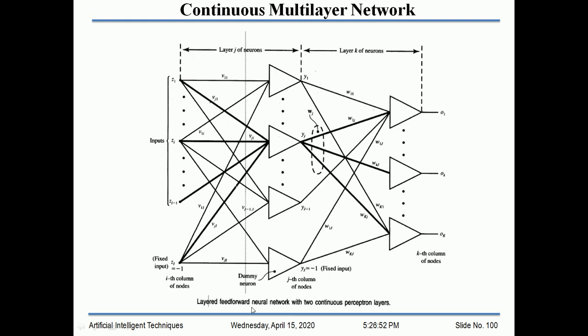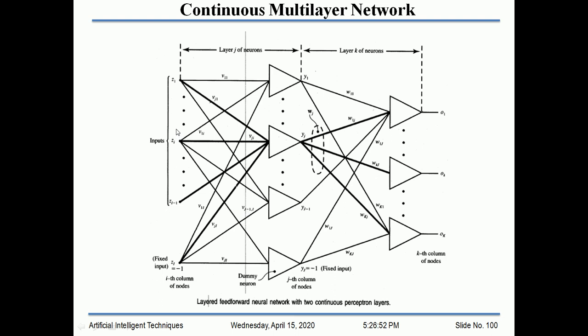So here you can see the input layer of nodes comprised of I number of elements, the hidden layer of neurons comprised of J number of elements, and the output layer of neurons, K in number. So you got it, all of you. Let me have a brief recap once again.